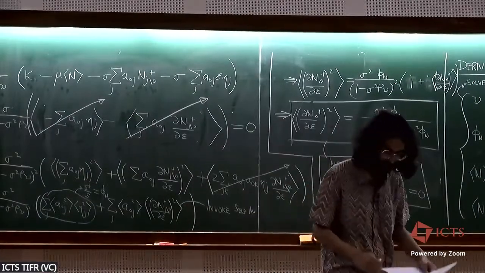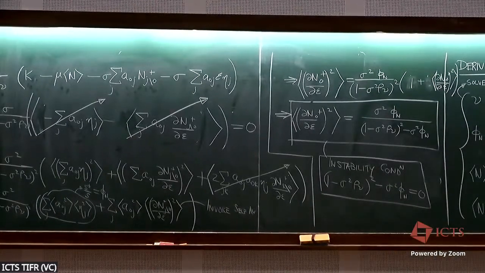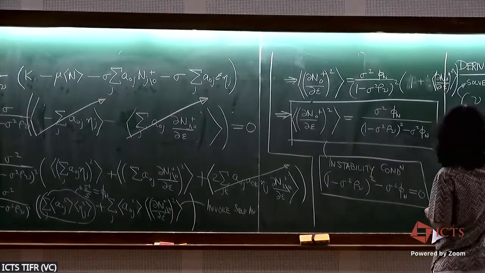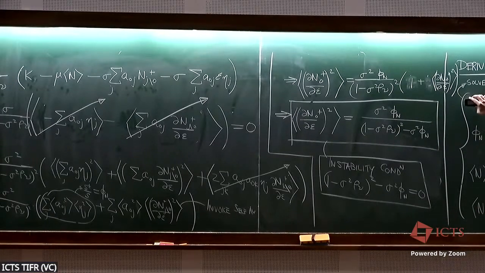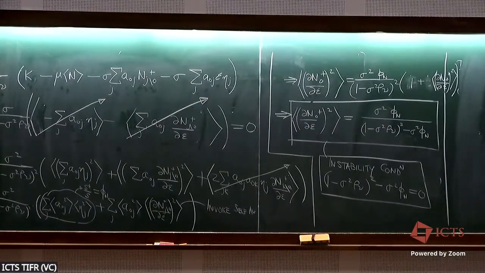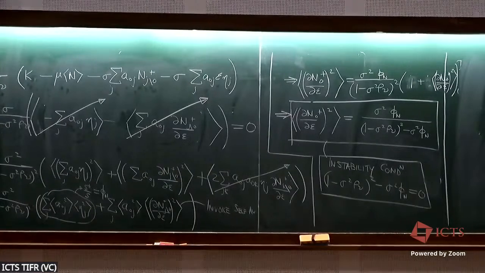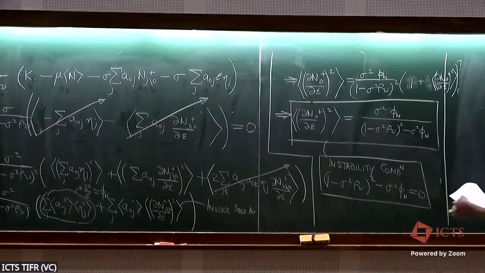But what you can show, yeah, I would have done it if I had a little bit more time. But what you can show, can I erase this, is that for any rho, there's a critical sigma at which this instability condition is satisfied. That's just a little bit of algebra to get from this condition to what I'm just going to write down, if we use the self-consistency equations.